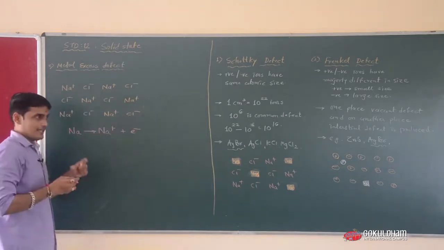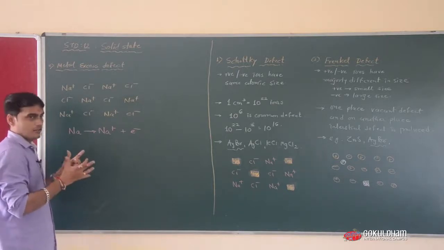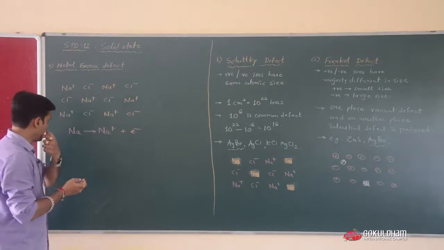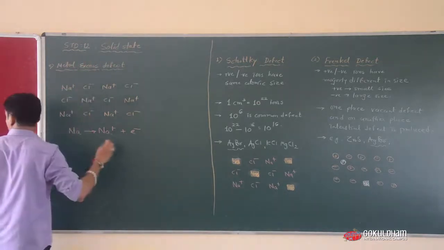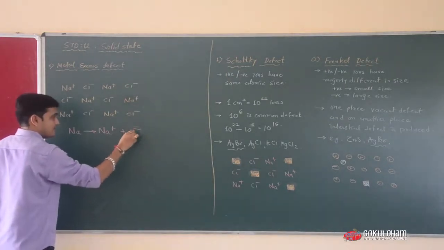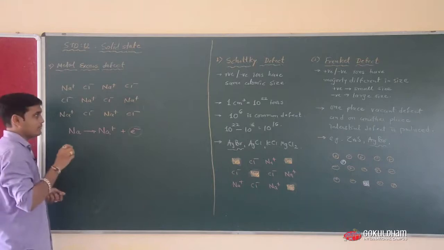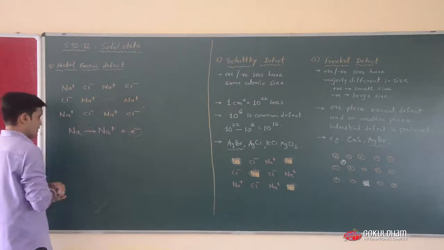So Na+ and Cl- are bonded with each other, and your solid will be formed. But in this metal excess defect, this liberated negative charge, this electron, will replace one Cl- from the solid.